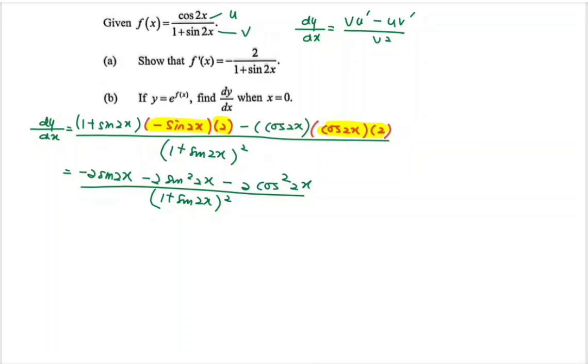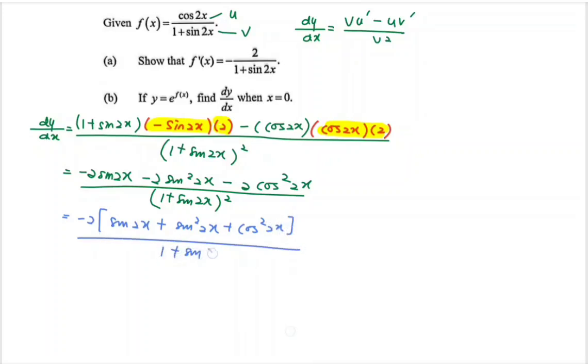So kindly rearrange, or we can say factorize, the negative 2. So if we factorize the negative 2, here we will have sine 2x, and then plus sine squared 2x plus cos squared 2x over 1 plus sine 2x bracket squared.